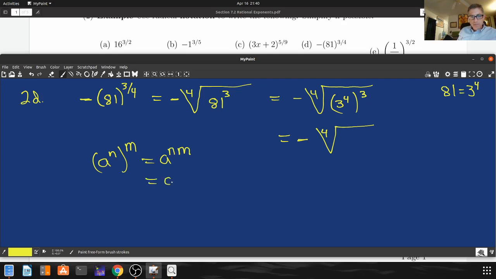But that's equal to a to the m times n, because this is multiplication, and the order of factors in multiplication doesn't matter. So by the same token, this is a to the mth raised to the nth power. So that's what I'm going to do right here. I'm going to exchange these two numbers.